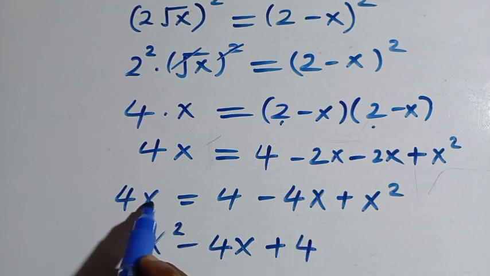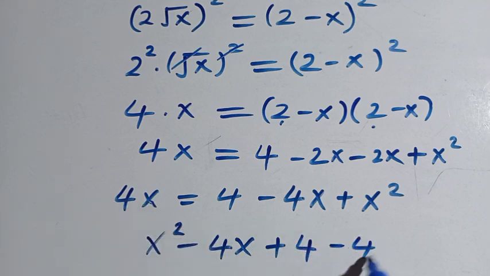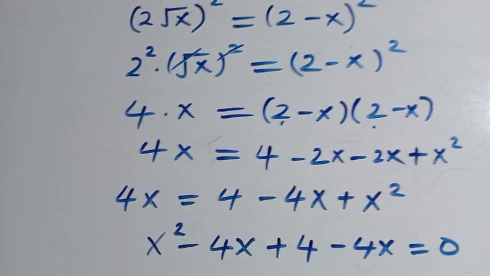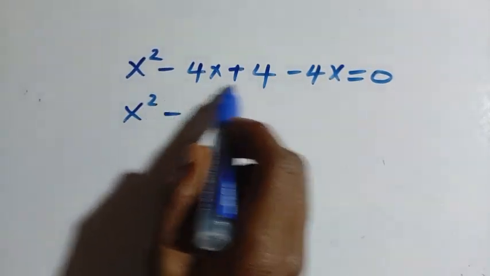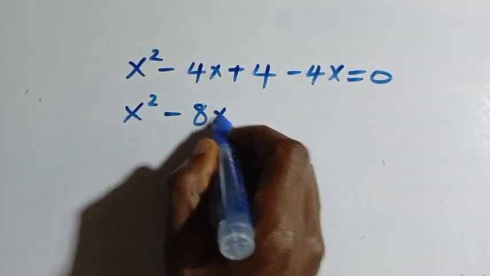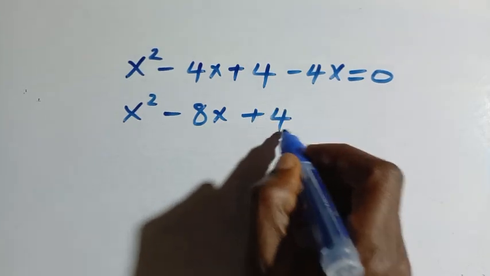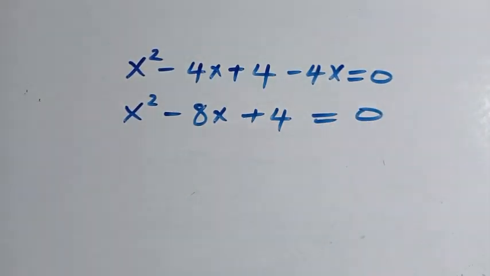So this 4x we are taking here becomes minus 4x, and this equals 0. So here we have minus 4x minus 4x, that gives us minus 8x, and here we have x squared minus 8x plus 4 equals 0.